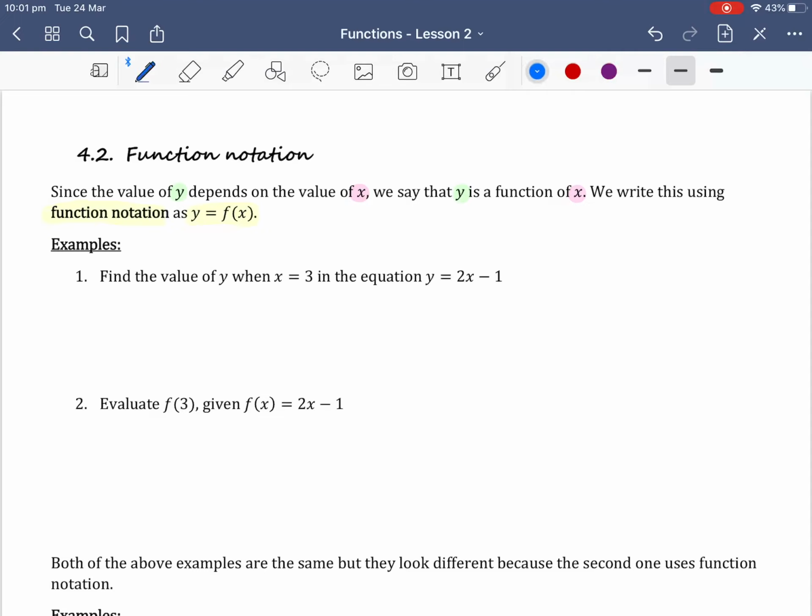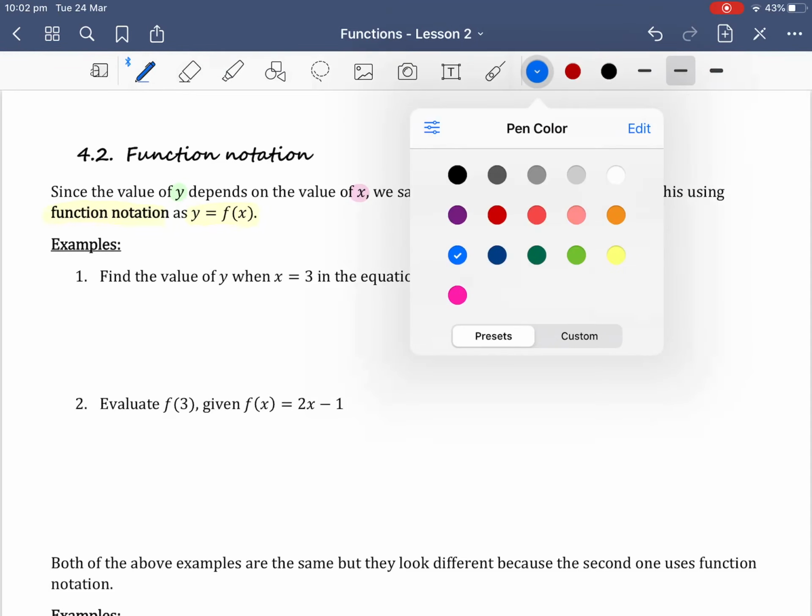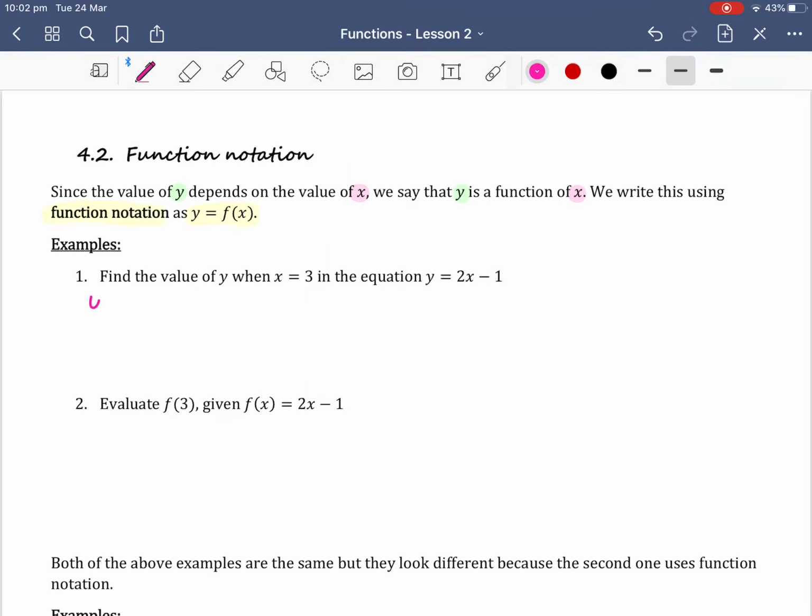So we're going to look straight into examples. We want to find the value of y when x equals 3 in the equation y equals 2x minus 1. Basically, it's asking us to sub in x equals 3 into our equation.